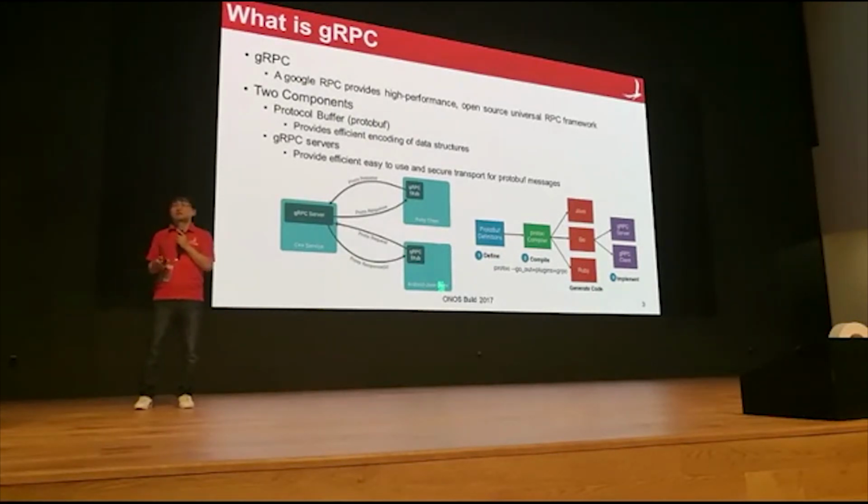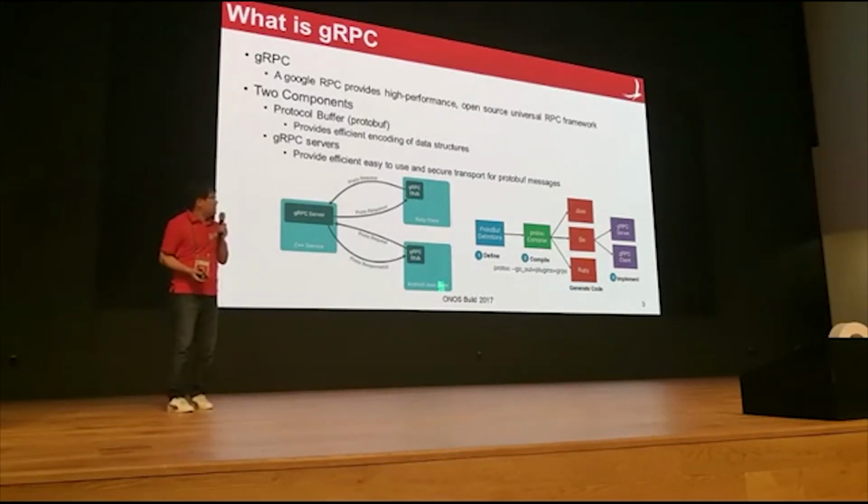You edit a protobuf model first, and you compile that model, then you get the artifacts. Since we are using Java, the artifacts will be written in Java, and based on these auto-generated artifacts, you can start to implement your service just by invoking the API provided by the artifacts.